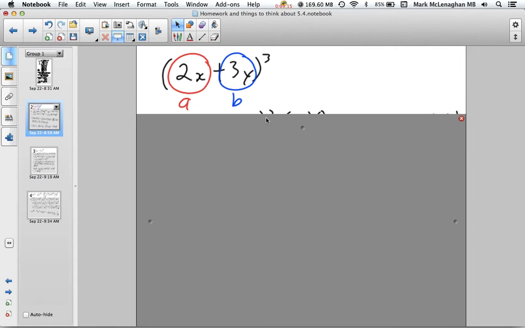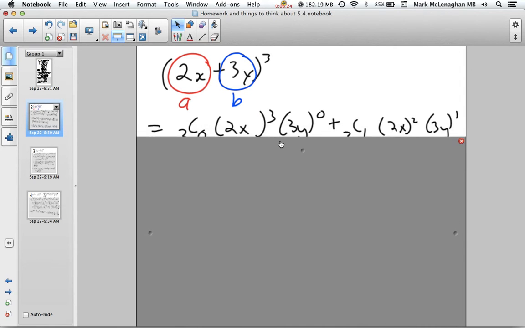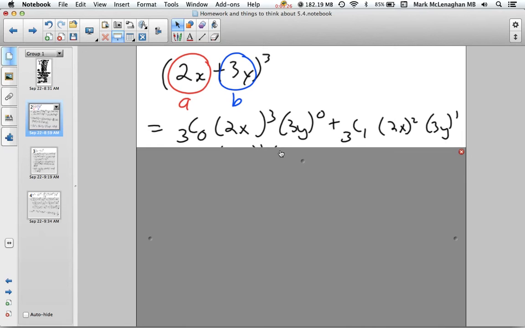Alright, so remember that we have a binomial. The first term is 2x, the second term is 3y, and we use 3 as our n value.